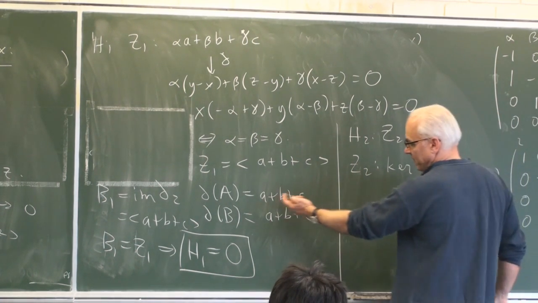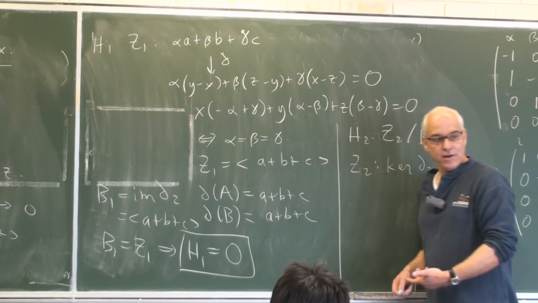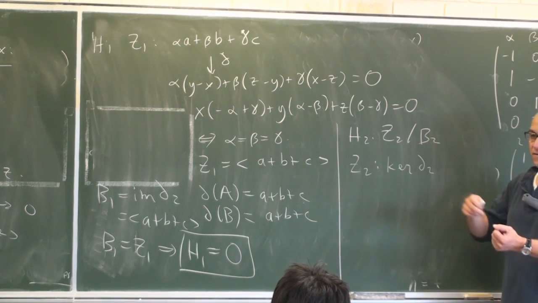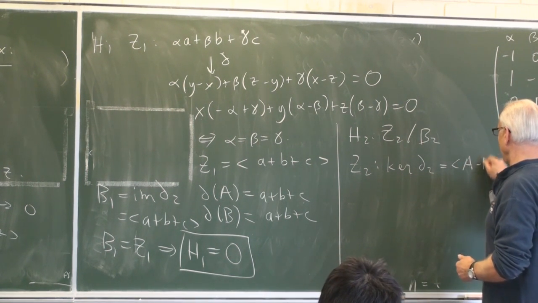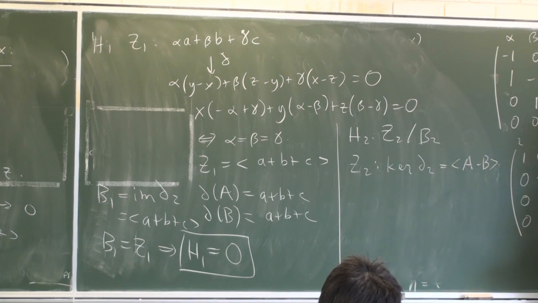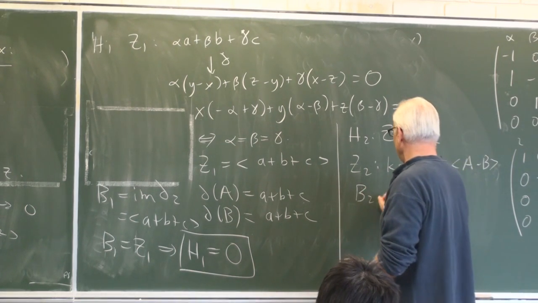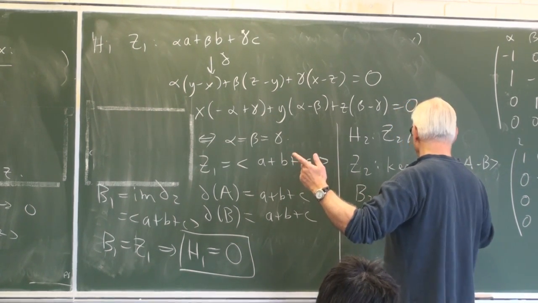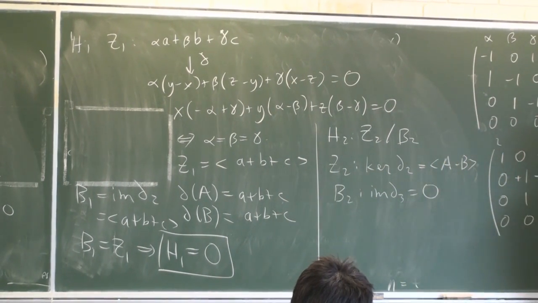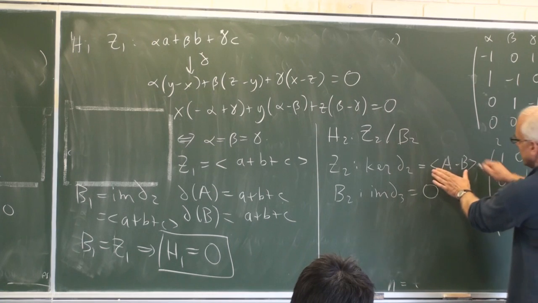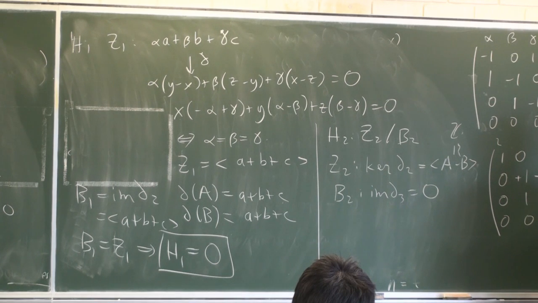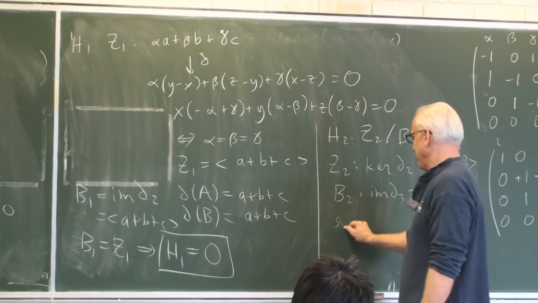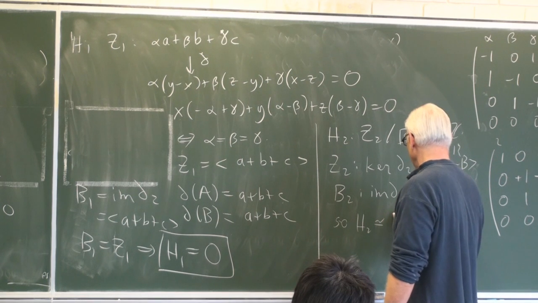Well, I think it's pretty clear that if A gets sent to this and B gets sent to this, the things that get sent to 0 are the differences capital A minus capital B. So this is just the span of A minus B. And the boundaries, that's the image of delta 3. Well, that's 0. So the Z2 is isomorphic to a single copy of Z. B2 is 0, so H2 is Z.